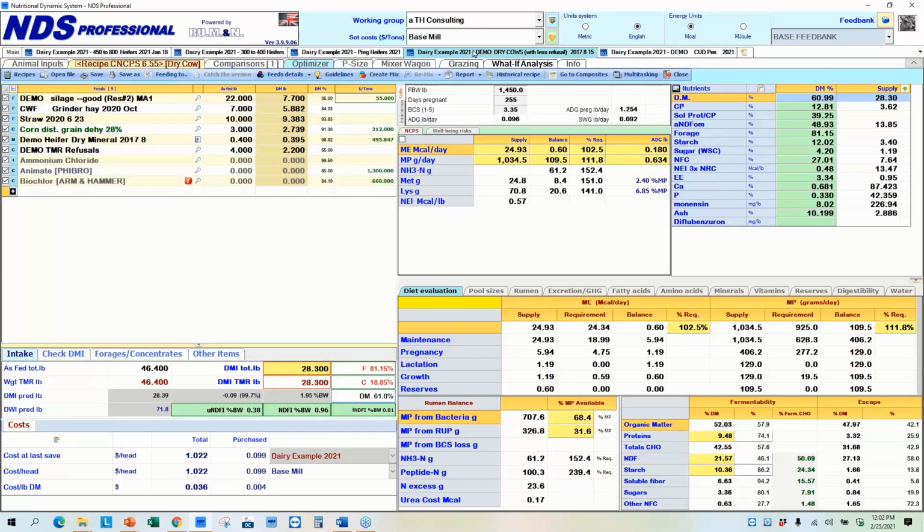So this is a demo cow diet. We looked at some dry cow diets that are on dairies, and we put this together. Again, measuring somewhere around 28 to 28.5 dry matter intake.